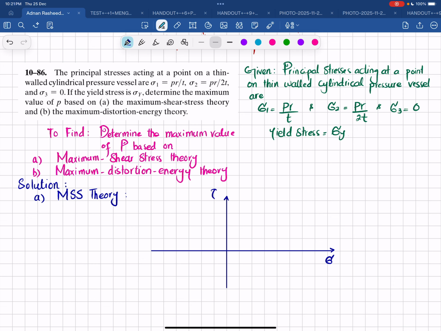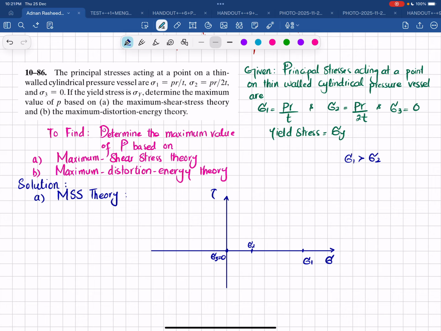For example, if this point is sigma 2, and at this point we have sigma 1, because sigma 1 is greater than sigma 2, and sigma 3 is equal to 0, so sigma 3 will be this point.